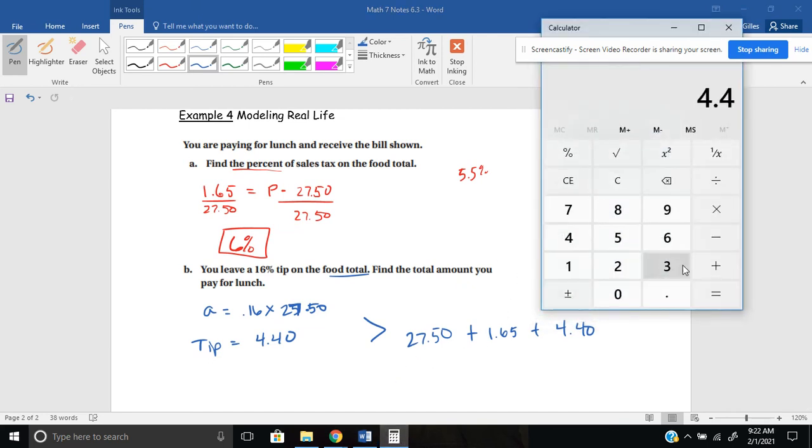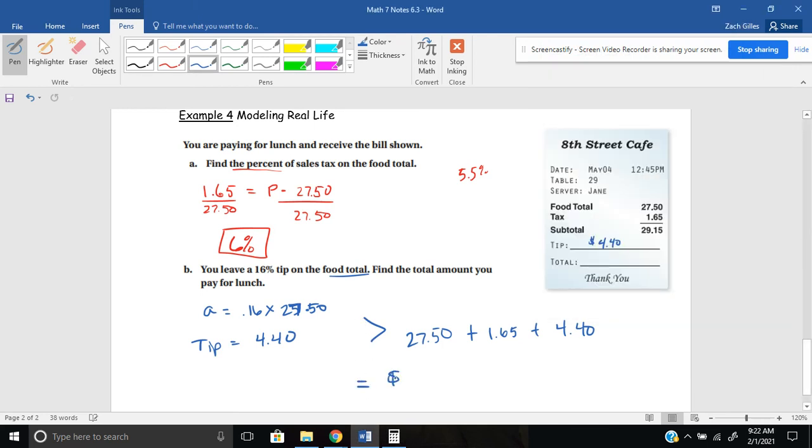So 440 plus the 2750 for the total, plus the tax of 165 gives me a total of $33.55.